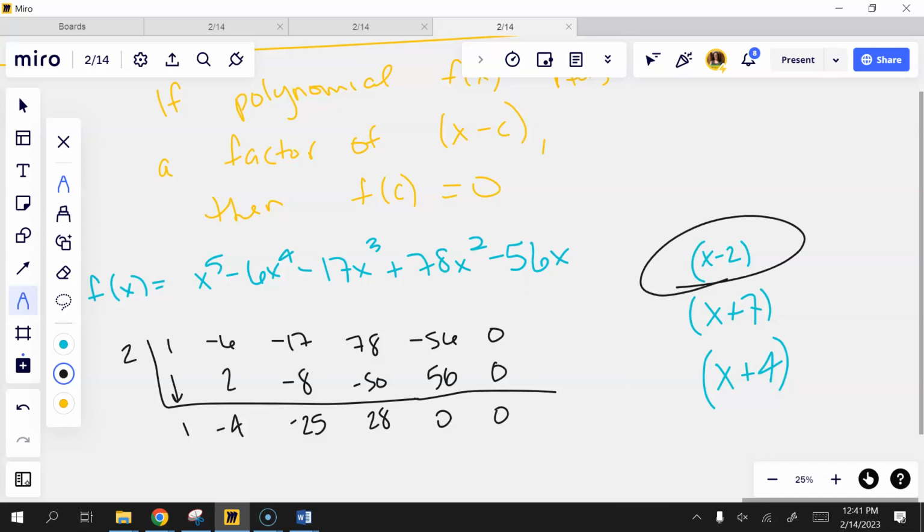I got x minus 2 as a factor. Wait, how? Where do you see 2 times 8? Oh, I thought you put 11.